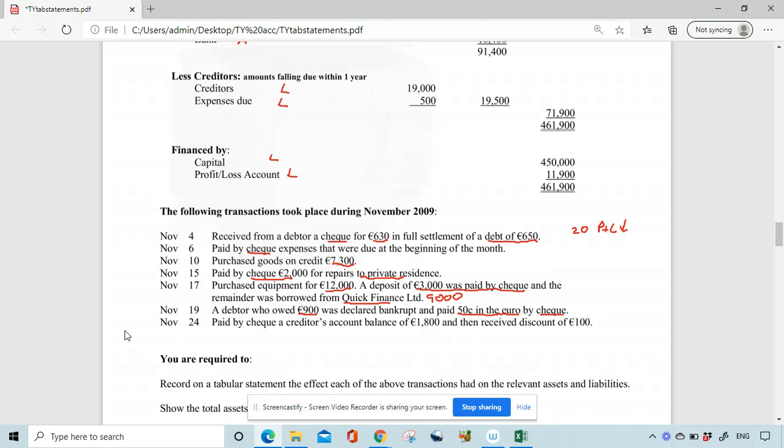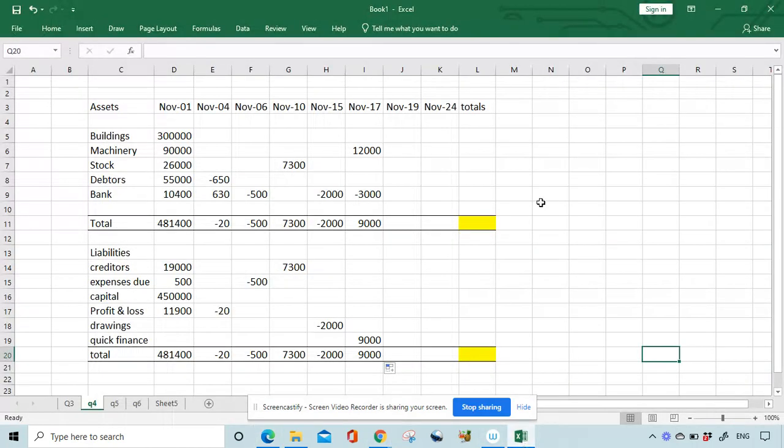So the debtor, the amount they owe us, comes down by 900. Our bank account goes up by 450, which is half of 900, and our profit and loss will go down by 450 because that's a bad debt that we've had to write off. That's what it's called in accounting.